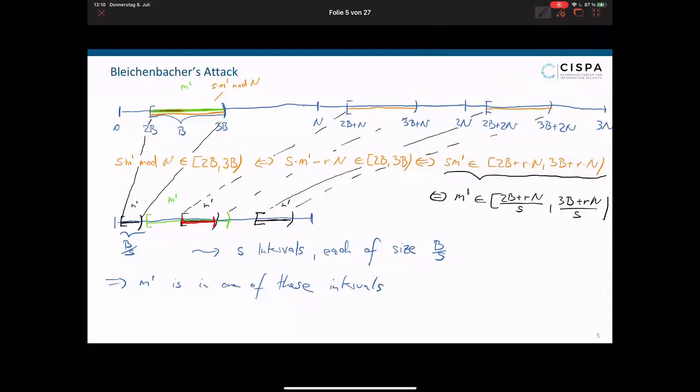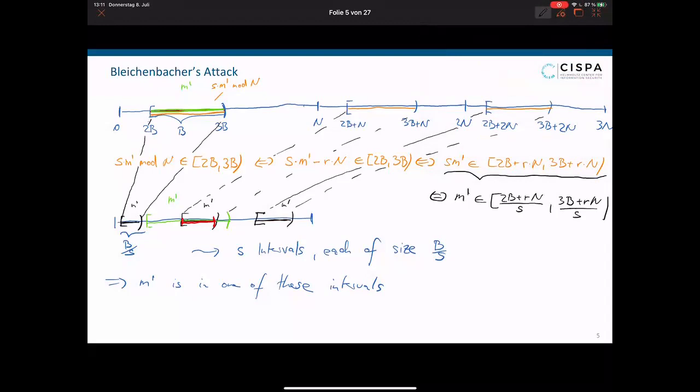So if S times M is in this large interval, or in this somewhat shifted interval, then M prime is in the scaled down interval. This is what I was drawing with these scaling down operations.